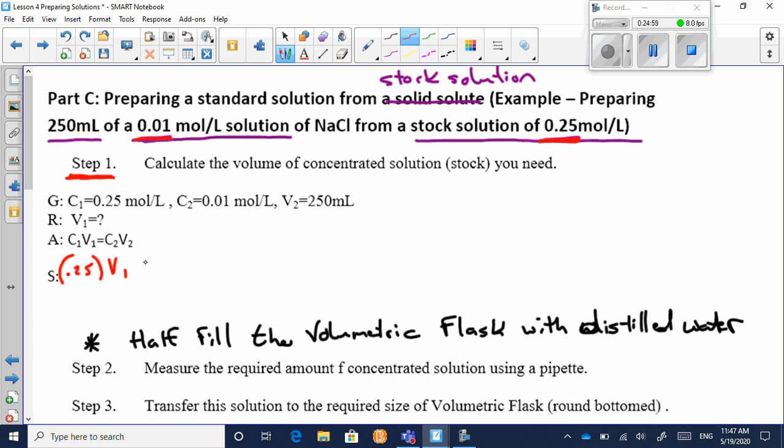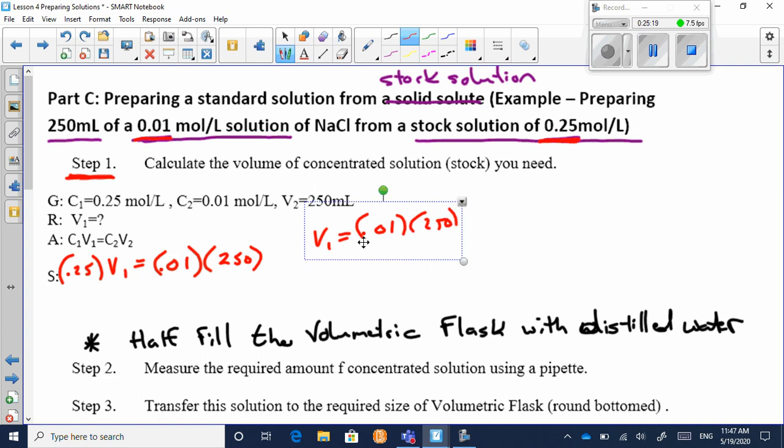So 0.25 times V1, I don't know how much of that one I need, is equal to 0.01 times 250. I'll leave it in milliliters, and I know that my answer will be in milliliters. So V1 is going to be equal to 0.01 times 250 divided by 0.25.